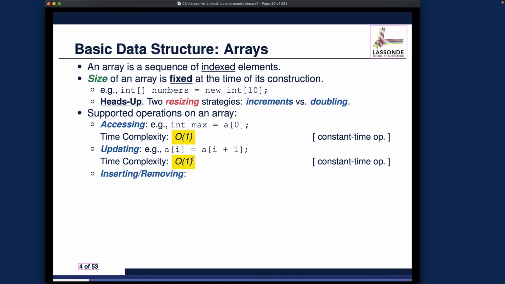What about inserting and removing, right? Let's say, in general, I've got an array of size 10 and I have already filled up all the elements in the array. It doesn't really matter, but let's say we already filled up, that's easier for you to visualize. I already filled up all the 10 elements, and now I want to insert an 11th element into the array. Think about what steps will be involved to insert this new element, maybe at the end.